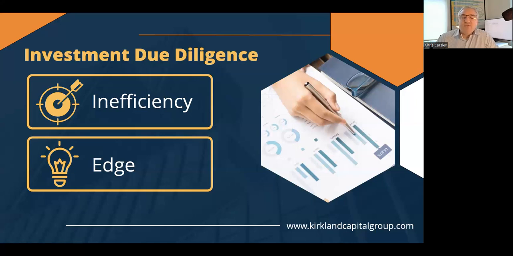And what is it in particular that is allowing this team's edge to consistently and repeatedly generate that excess return and take advantage of that inefficiency? So those are the two big broad categories within the investment due diligence aspect that you need to really identify.